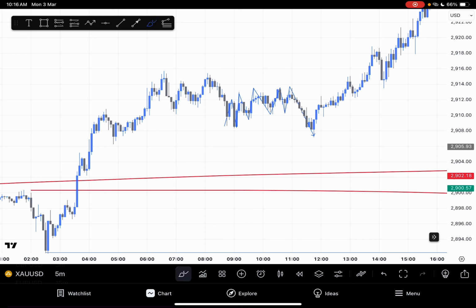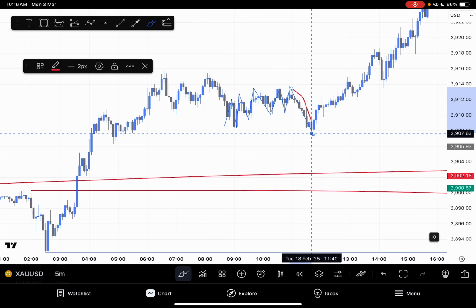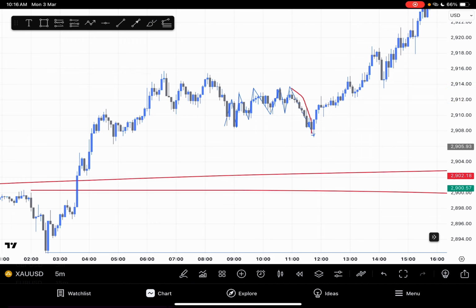Once you see the curve movement with multiple candles, remember, if it's a sell, there must be multiple red candles without any green candles. If it's a buy, there must be multiple green candlesticks without any red candlesticks in this kind of curved manner.